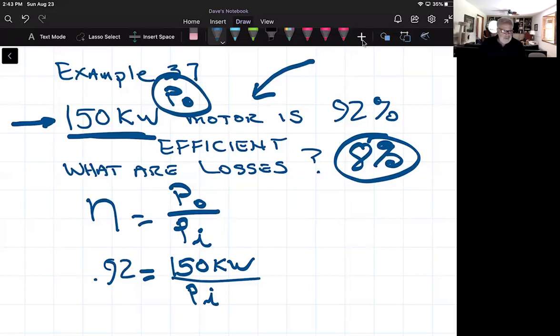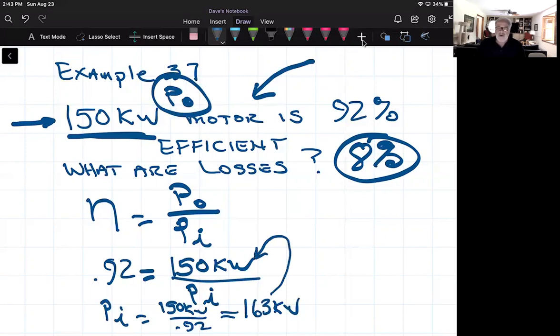If I want to know what the input power is, and that's ultimately what he's asking by saying what are the losses of the machine, then I take 150 kilowatts, divide it by 0.92, and I end up with 163 kilowatts.